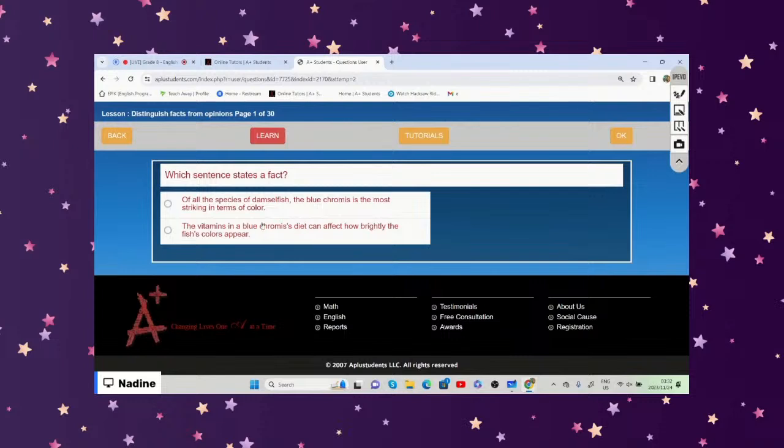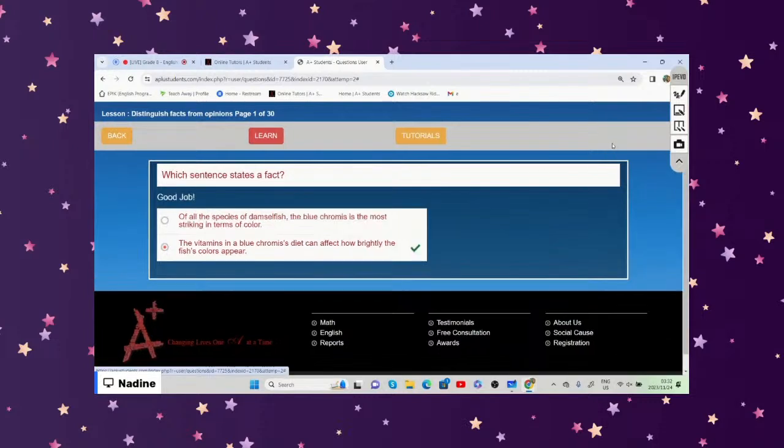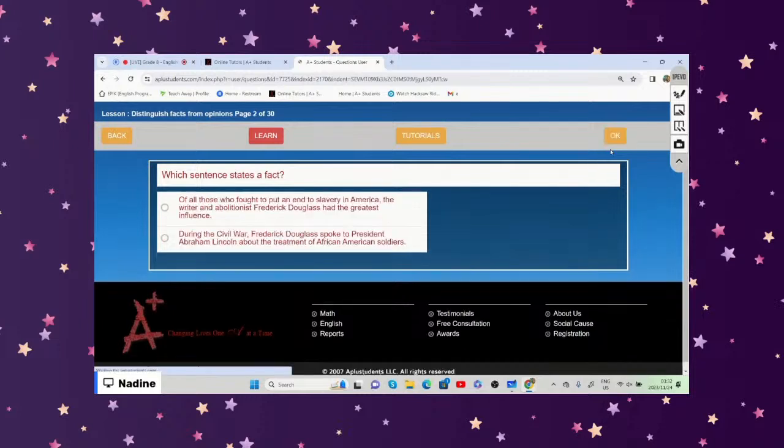So which means that we're going to choose the second one. And that is a fact, right? Because certain things can change the color, either the water or something.